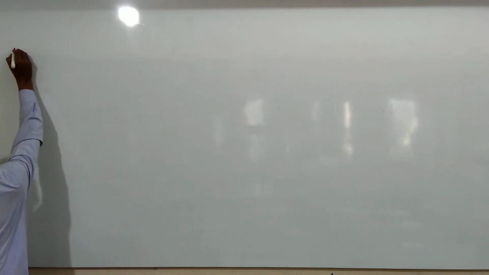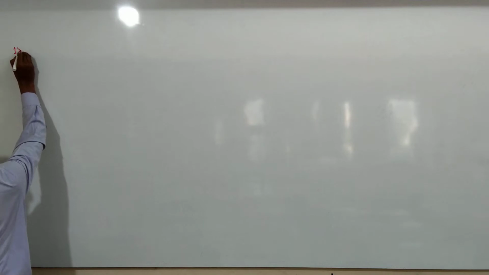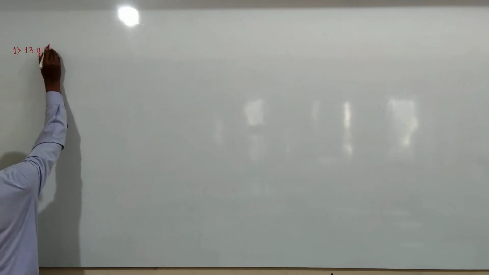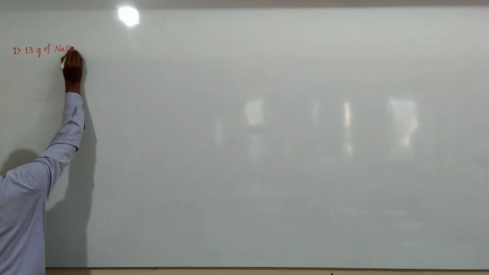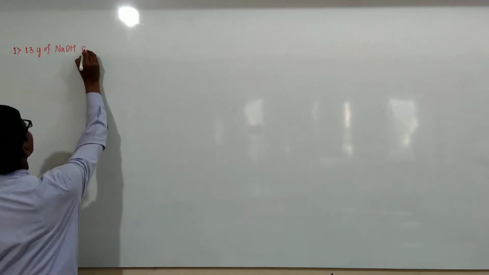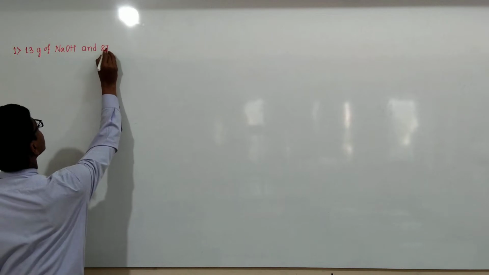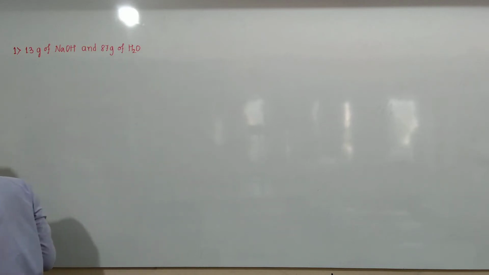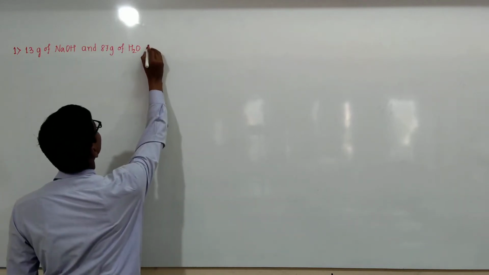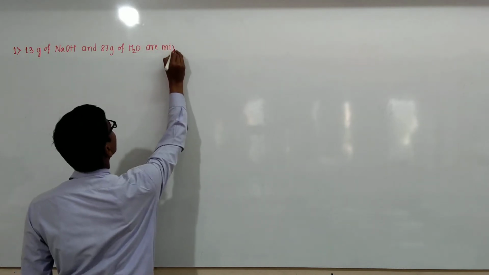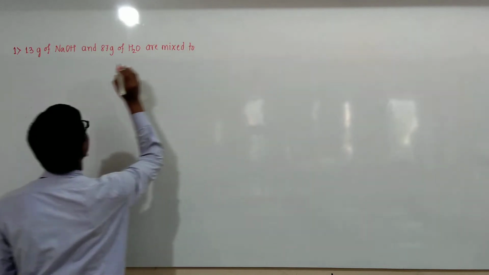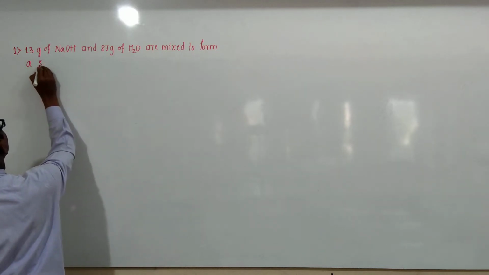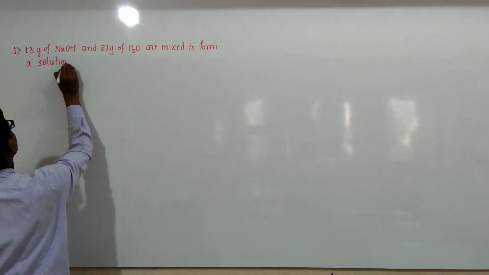Okay, first problem is based on mass percentage. 13 gram of NaOH and 87 gram of water are mixed to form a solution.